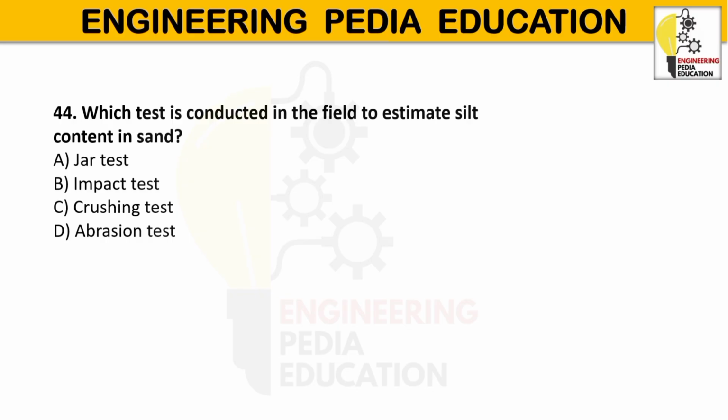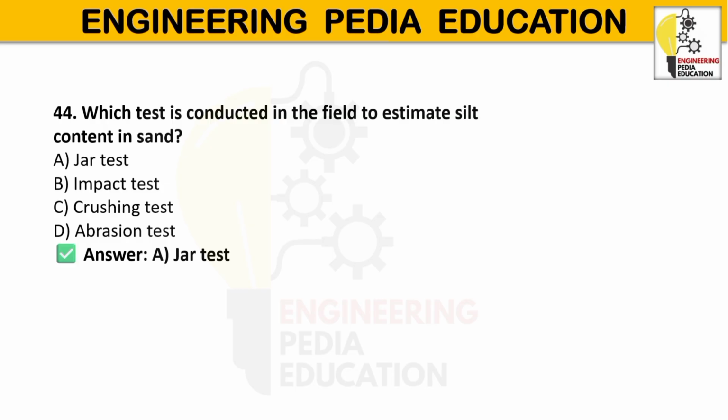Which test is conducted in the field to estimate silt content in sand? So the correct answer is jar test. Jar test determines the silt content in sand. What is the procedure? Fill a transparent jar with 200 ml of sand. Add water and a little salt solution. Shake the jar thoroughly. Keep it undisturbed for about 3 hours.